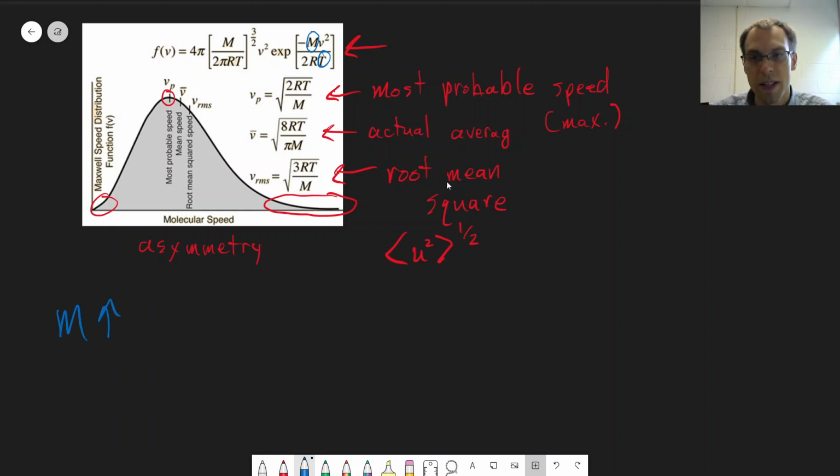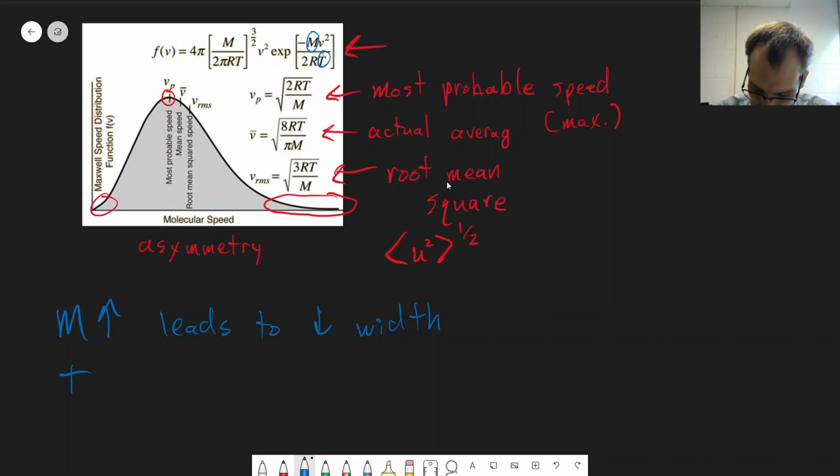If we increase the molar mass, that leads to a decreased width of the distribution. The heavier your molecules are, the more they'll clump together around the most probable and average speeds. The opposite is true: the lighter a particle is, the more this will spread out.